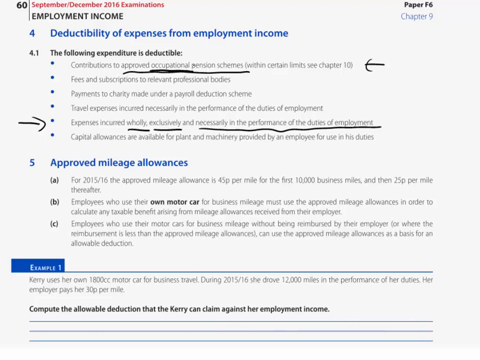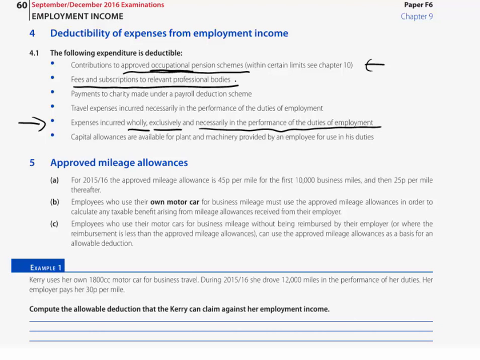What else will we be able to deduct in terms of contributions, payments made, expenses incurred? Fees and subscriptions to relevant professional bodies. That is relevant to the job that you do. One day, indeed, if not already, you will be working as an accountant. And when you are qualified, hopefully in the none too distant future, you will pay an annual subscription to the ACCA for the benefits of enjoying membership of that body.